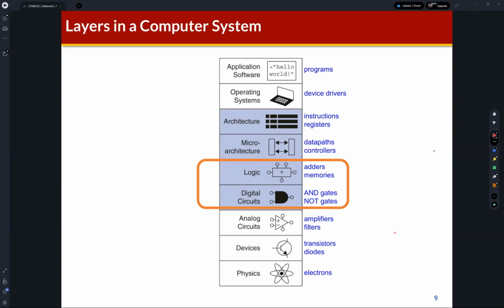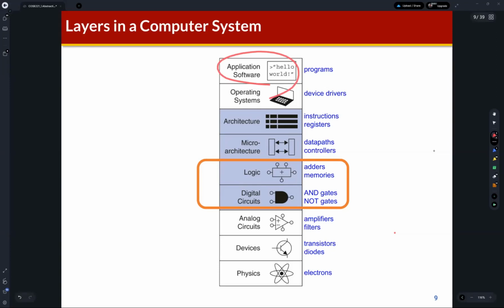Most people think that normal people or customers only see the top layer of the computer system, which means the application software.